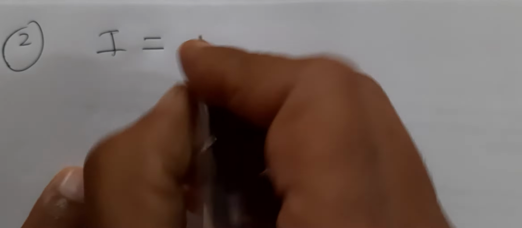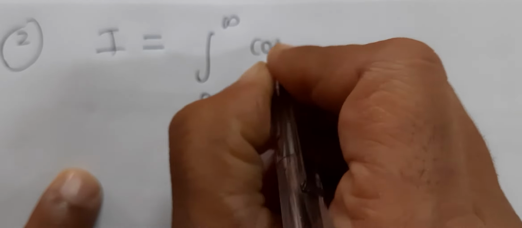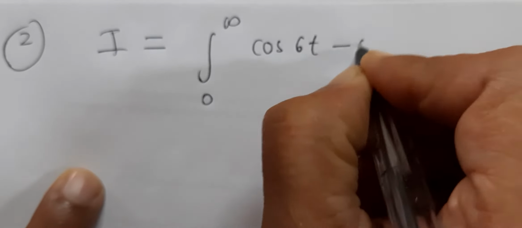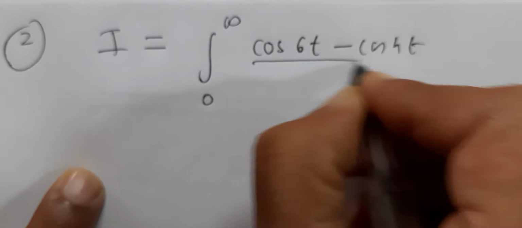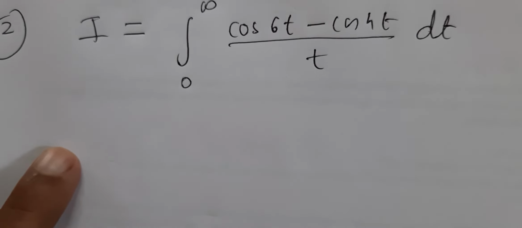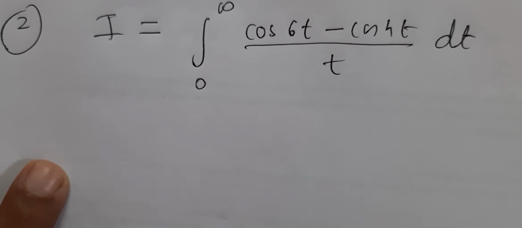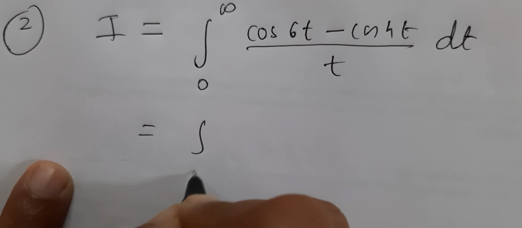Evaluate. I will start with my I, which is the integral from 0 to infinity of cos 6t minus cos 4t upon t dt. Now you can see here the limits are 0 to infinity, but there is no term of e. So we will introduce it.